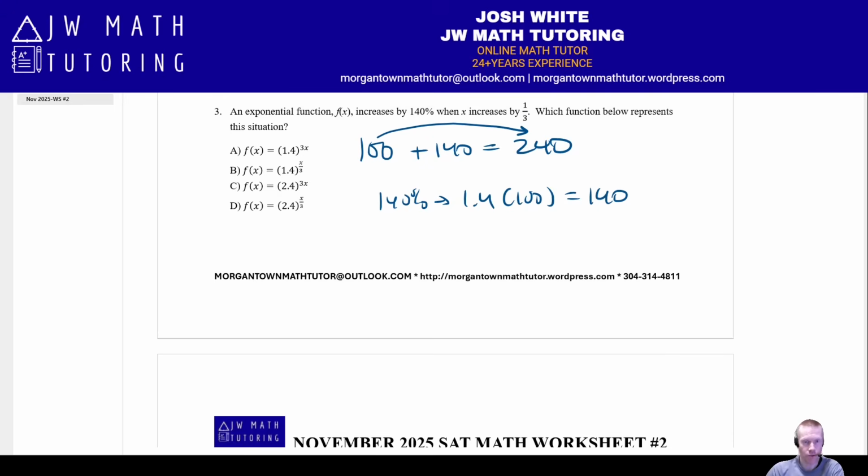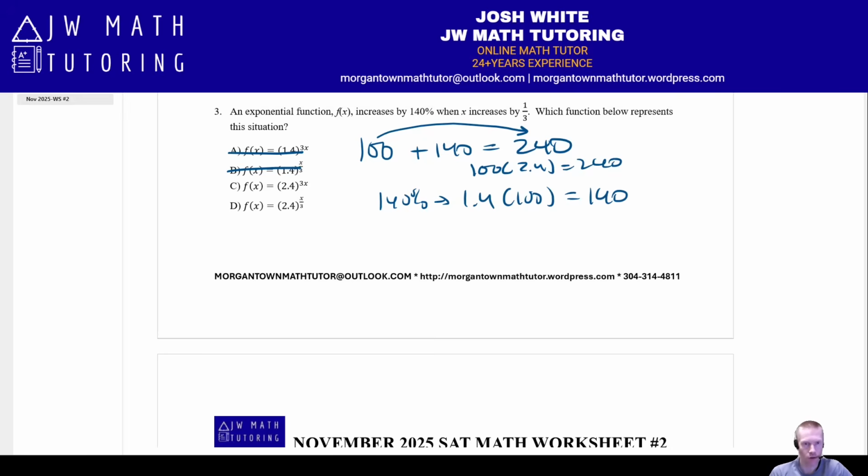So how do you get from 100 to 240? By multiplying by something. Well, it's 100 times 2.4, and that would give you 240. You can just divide 240 by 100 to get that value if you don't recognize it. So right off the bat, the answer is going to be either C or D. By the way, A and B are wrong. A and B represent 40% increases, not 140% increases.